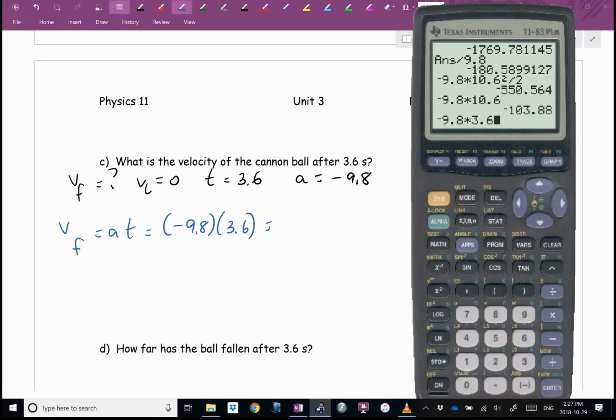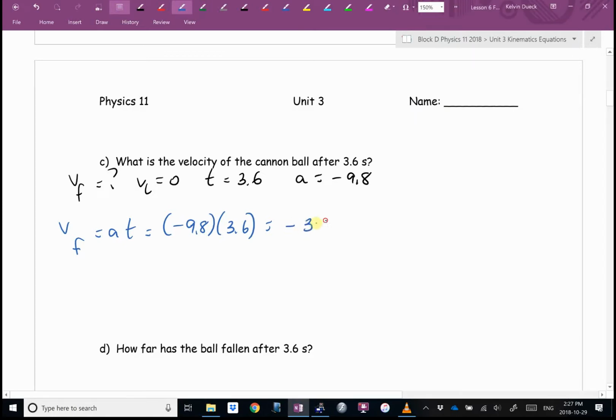Try this on your calculator. It's going to be 36, take away 35.28. 35.3 negative. Units, meters per second.